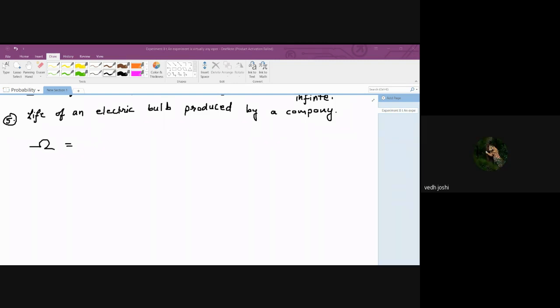Sir, it can be 0 to any finite number. Yes, 0 to infinite.